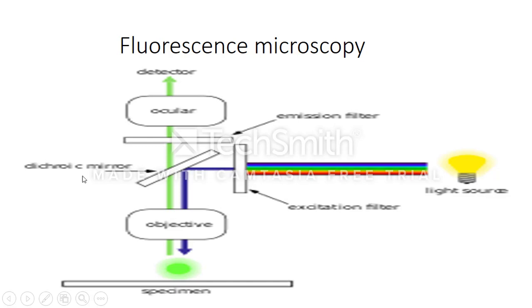Now this will hit a dichromic mirror, get reflected to the object, and the object will then reflect it back up towards this detector up here, and it will go straight through the dichromic mirror. And it's allowed to go straight through this dichromic mirror because the wavelength is now longer than this one here that came in.